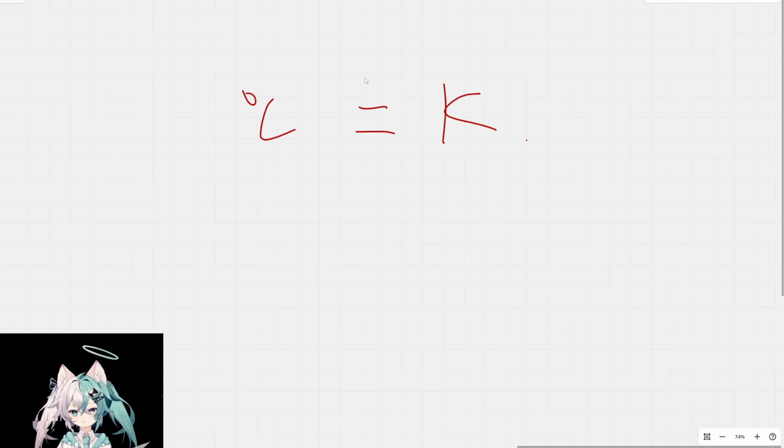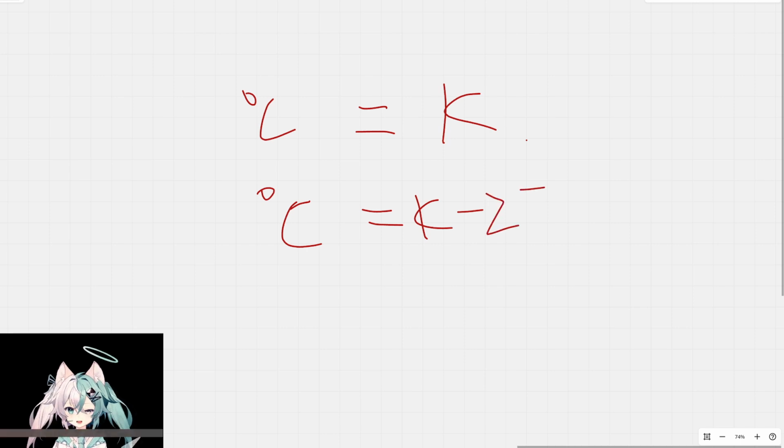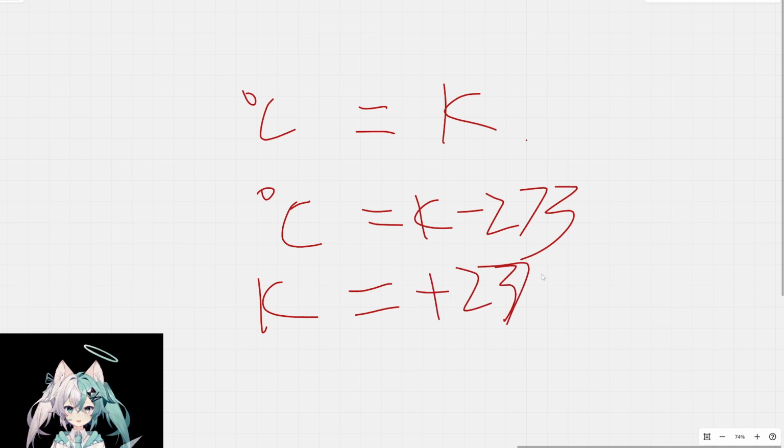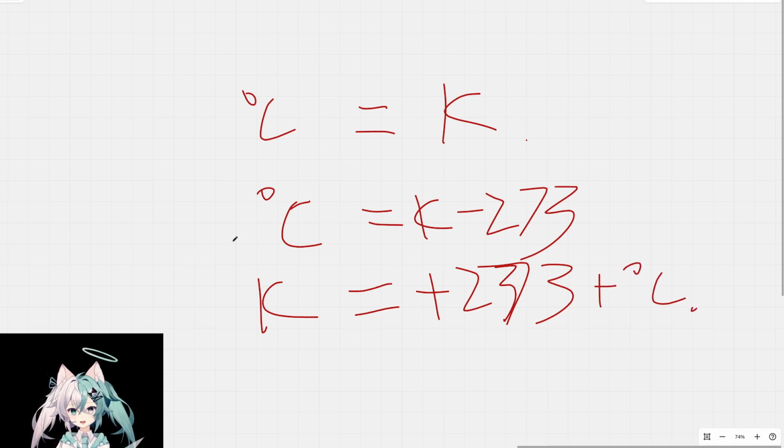The way that we convert one from the other: if you want to calculate Celsius from Kelvin, we just decrease the value of the Kelvin by 273. If you want to calculate Kelvin, you just add 273 to its value in degrees Celsius, which is pretty simple as well.